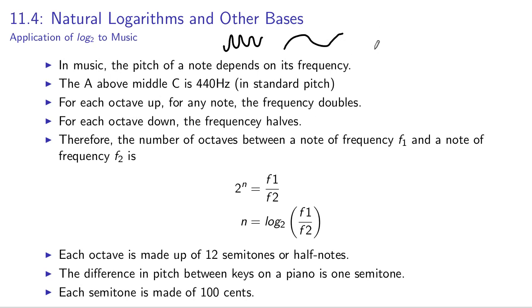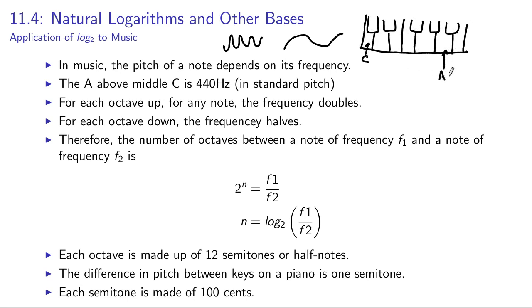The A above middle C on a keyboard, so if we think of a keyboard that you might have on a piano, if this was the middle C on the keyboard, then this would be an A. This would be the A above middle C, which is known as A4, because this is known as C4, the middle C. The A above middle C in standard pitch is tuned to 440 hertz.